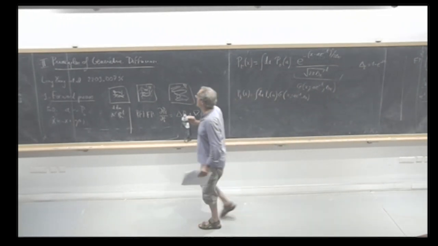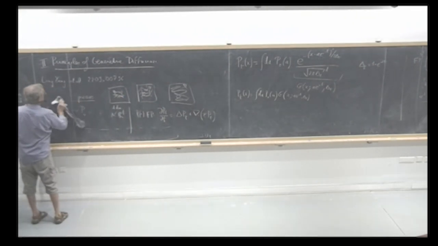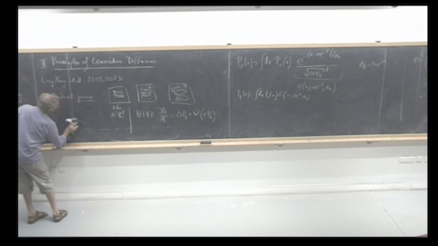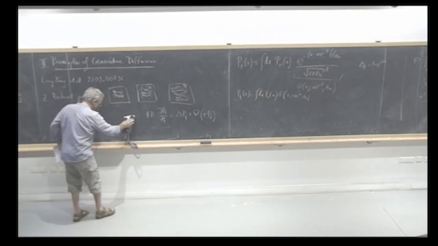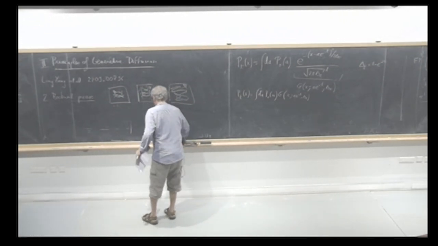Now I will look at the backward process. So the backward process is where a kind of miracle appears.